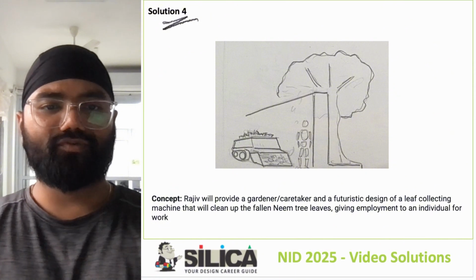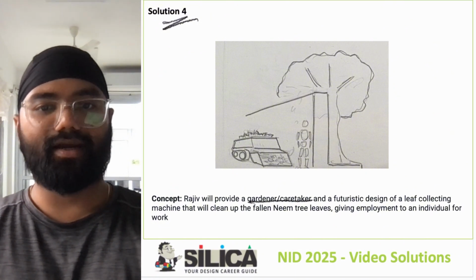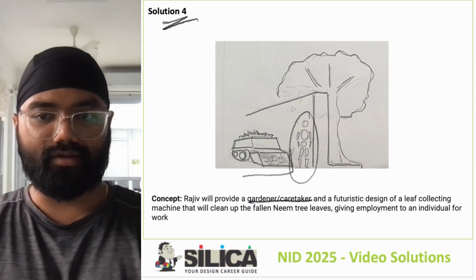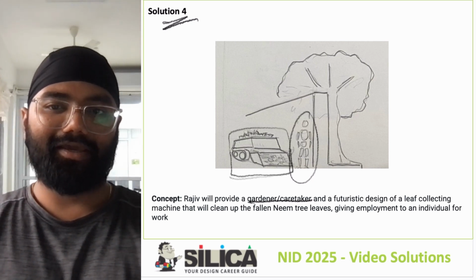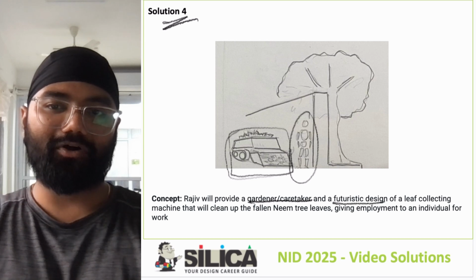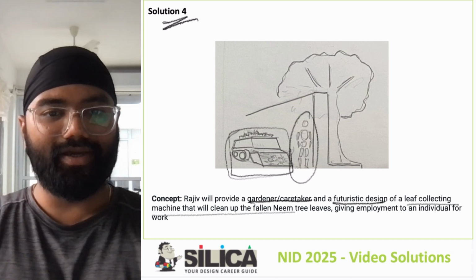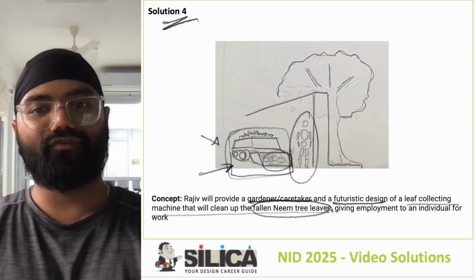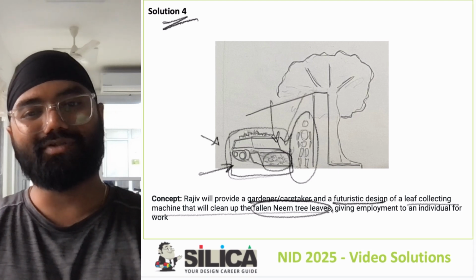So here comes the last one, where Rajiv hires a gardener or a caretaker, and to make it more futuristic, he can also install a small automated leaf-collecting machine that regularly clears the fallen leaves. So here are two solutions in one.